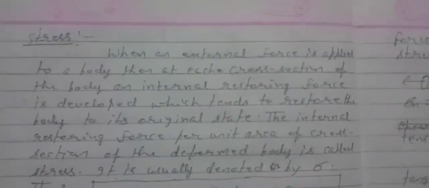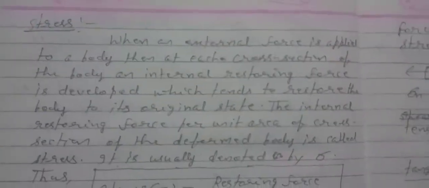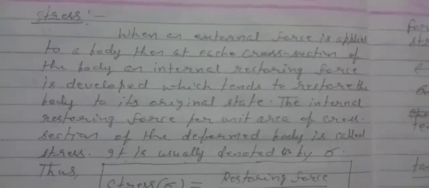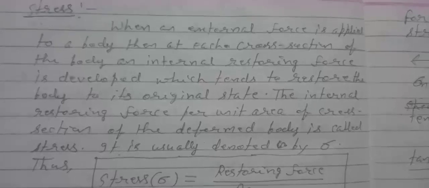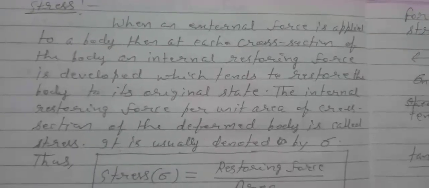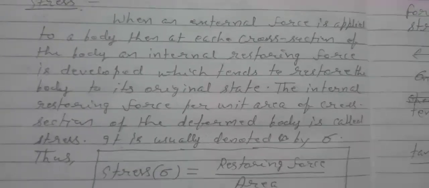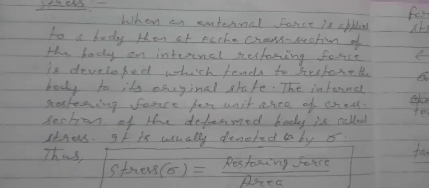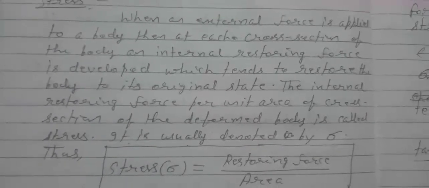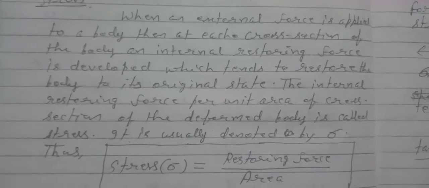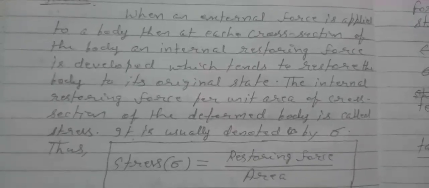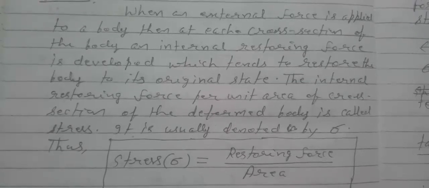Stress. When an external force is applied to a body, then at each cross section of the body an internal restoring force is developed, which tends to restore the body to its original state. The internal restoring force per unit area of cross section of the deformed body is called stress. It is usually denoted by sigma.